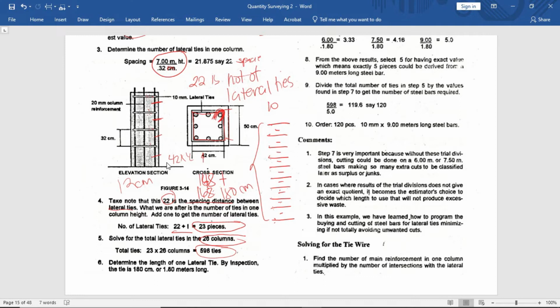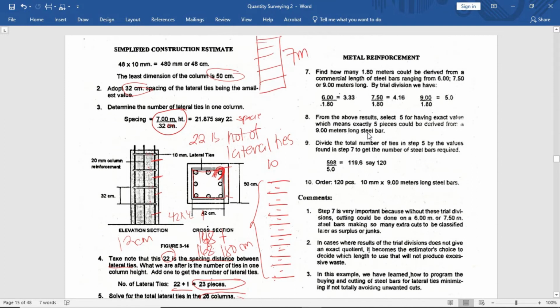Kaya, naging 180 centimeters or 1.8 meters long na lateral tie. So, imagine 1.8 meters long lateral tie. Parang singtaas na ng 5'11" na tao. Kasi yung dimension natin is 50 centimeters, kaya medyo mahaba yung lateral ties natin.